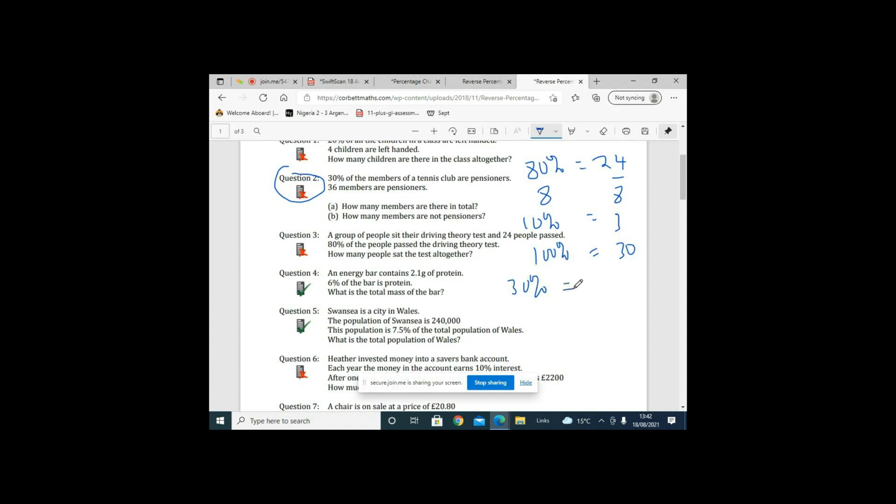So that means 30% equals 36. To find 10%, divide both sides by 3. So 10% will be equal to 12. So 100% will now be equal to 120. Yes, 120.